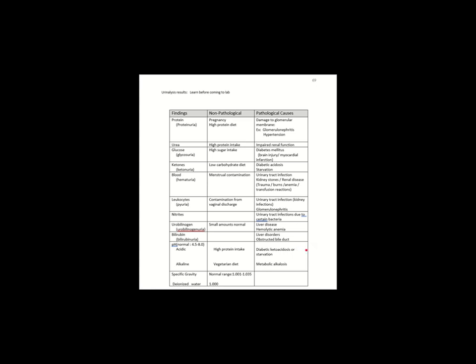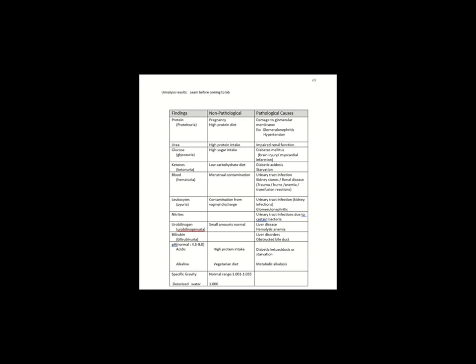Pathological causes: diabetic ketoacidosis, or starvation. If it's more on the alkaline side, if the pH is a little higher, that could be due to a vegetarian diet, or pathologically it could be metabolic alkalosis, a big topic when we get to acid-base pH maintenance of the body in lecture. The specific gravity.